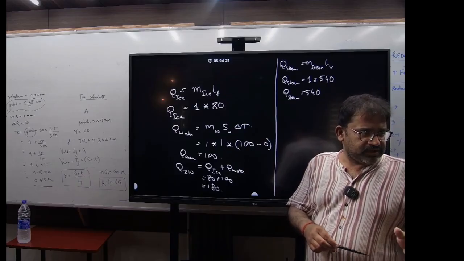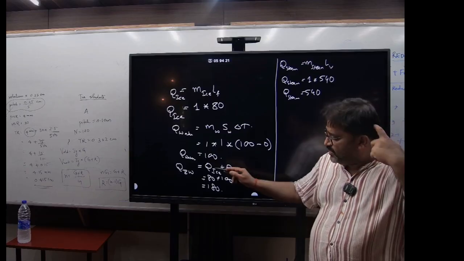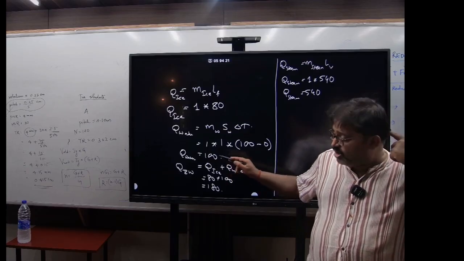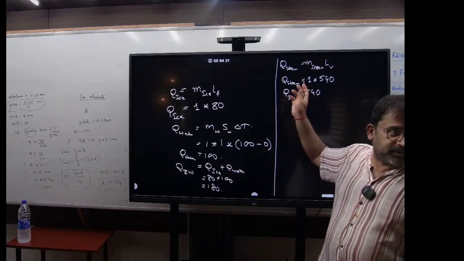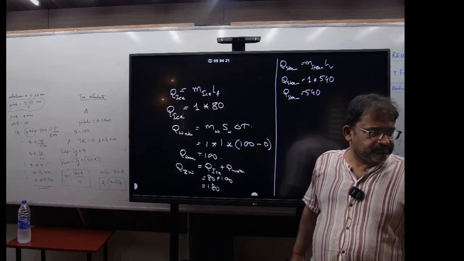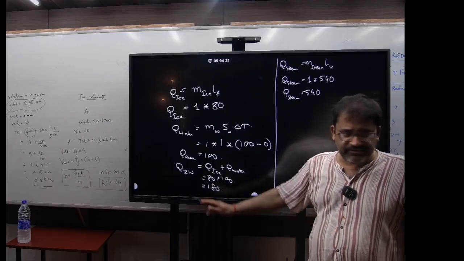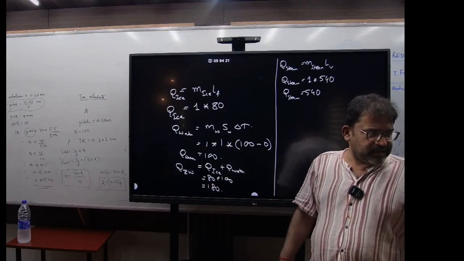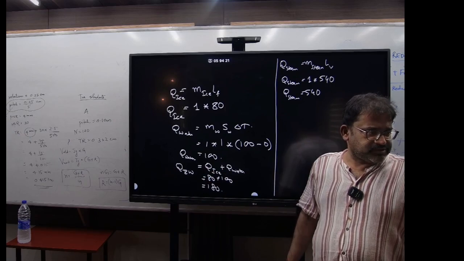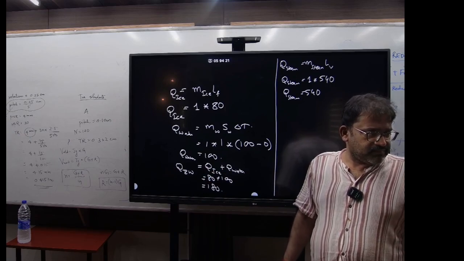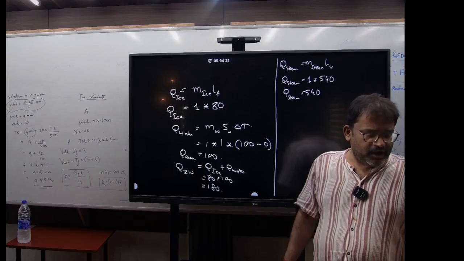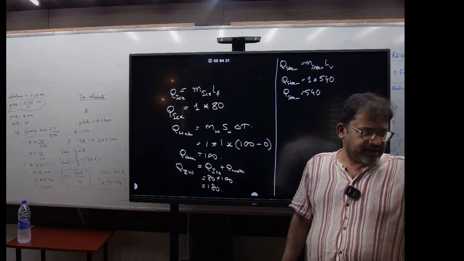What does that mean? It means that this mixture will also be converted to steam itself. The whole mixture of ice and water will be converted to steam itself. And what is the temperature of the steam? 100 degrees Celsius.